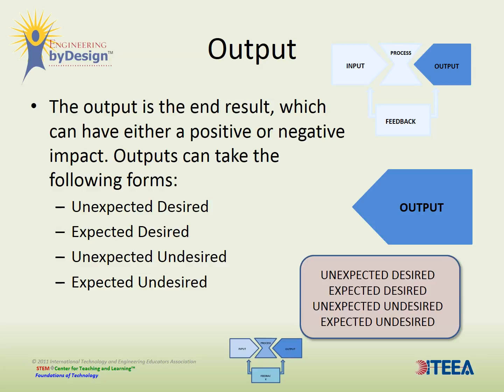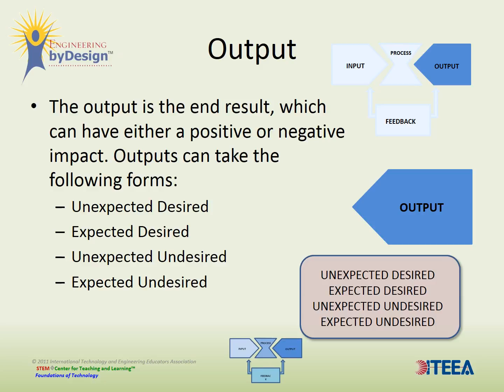The output is the end result. Now, if we're looking at the end result, then you can have either a positive or a negative impact. Now, you can get an unexpected desired impact. That could be one. It could be an expected desired. It could be an unexpected desired result.